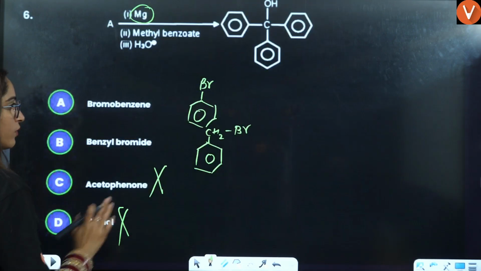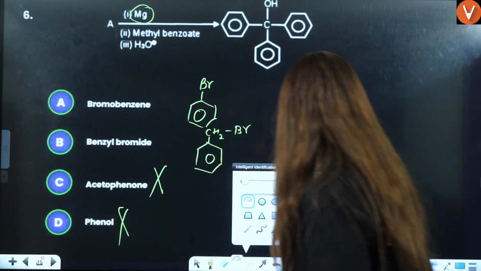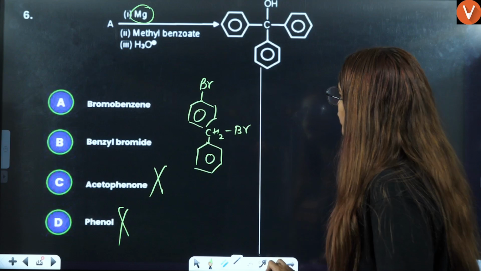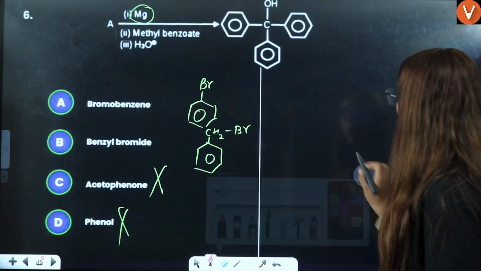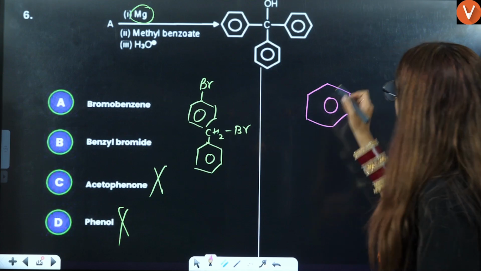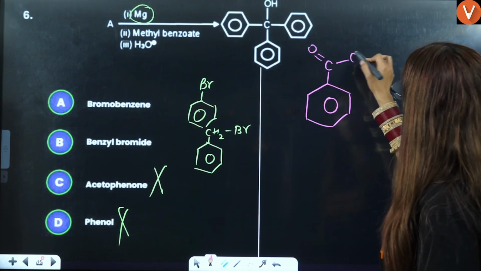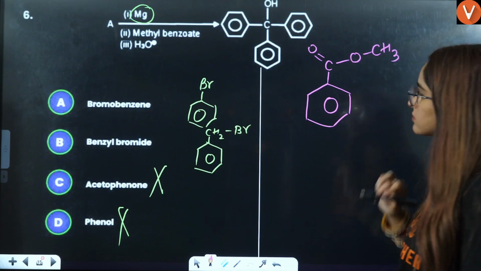Let's write it over here only. I'm writing it here. How can you predict? How did I predict? If you see this here, methyl benzoate is C double bond O, OCH3.